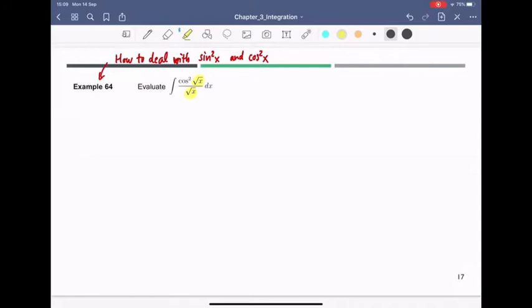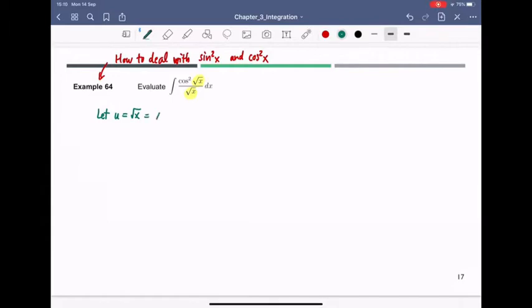It is messy when you see square root x. So I want to make a substitution first. I'm going to let u be square root x, because I hope that if I make a substitution here, something is going to be better and I can cancel square root x in the denominator.